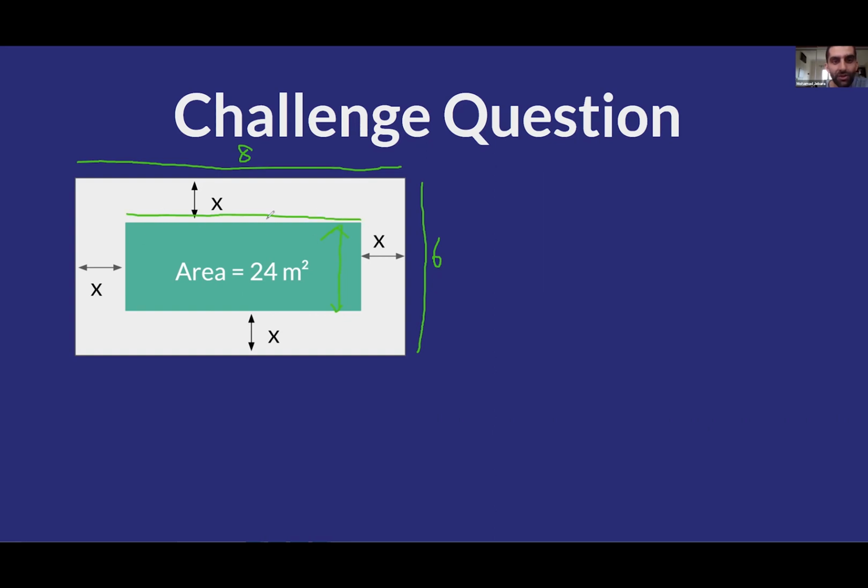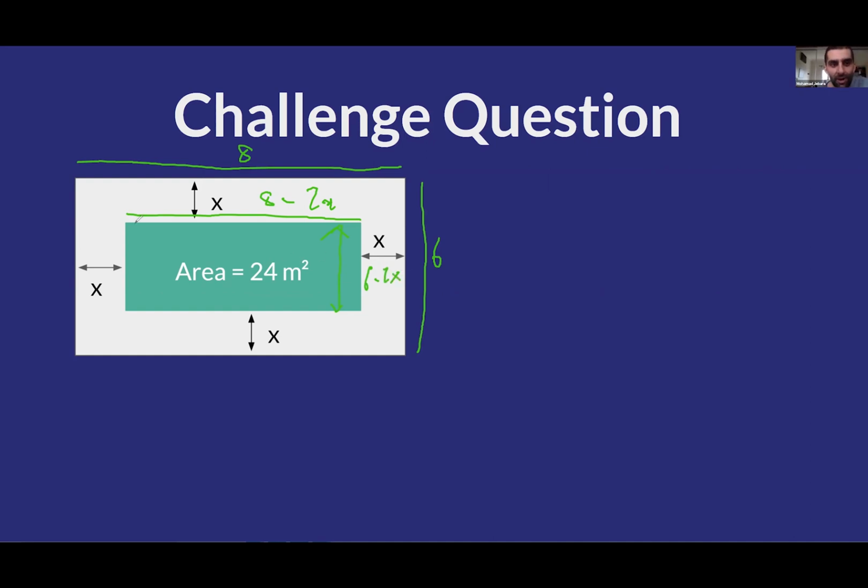Going up to the top, the whole thing is 8, but we need to subtract x and subtract another x. So this is 8 minus 2x. And the height, the whole height all the way up is 6, but we subtract x and x. So the height is 6 take away 2x.